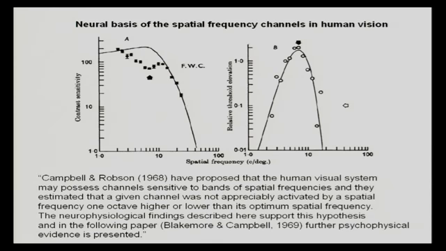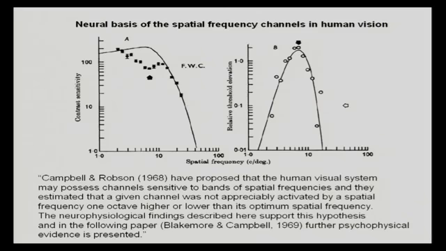But then they did this experiment, just like the one I showed you before on the tilt after effect. Then they asked people to look at a grating of a particular spatial frequency, shown here by this arrow at about 10 cycles per degree, and it was high contrast.